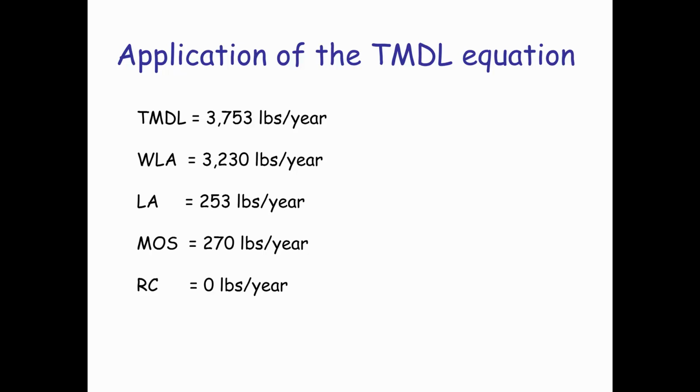So the MS4s are the part that make up the waste load allocation. It'd be all the runoff from the streets and parking lots and so forth that is allocated to the 3,230 pounds per year for the TMDL equation.